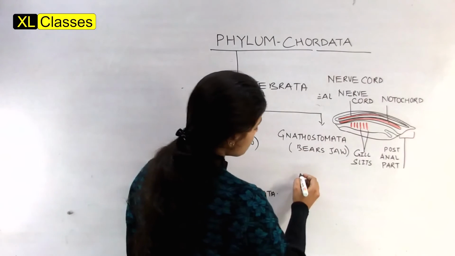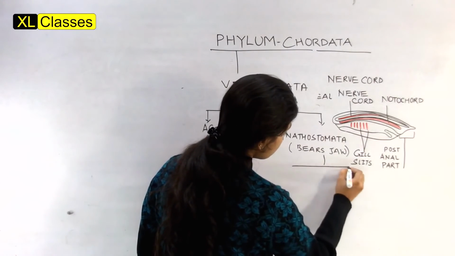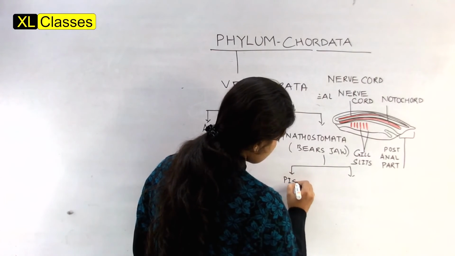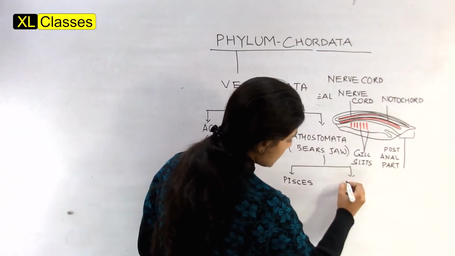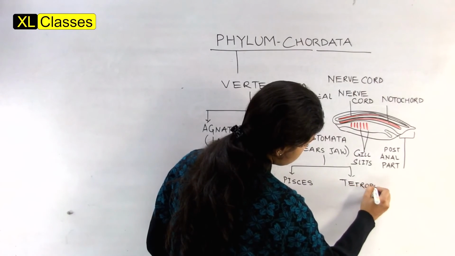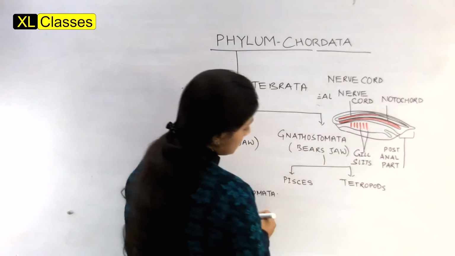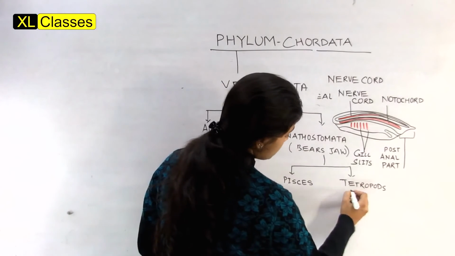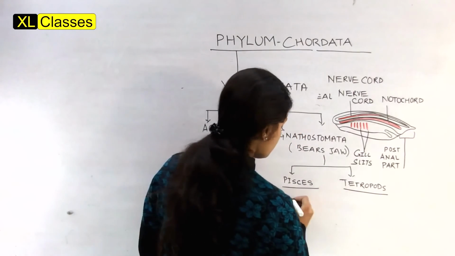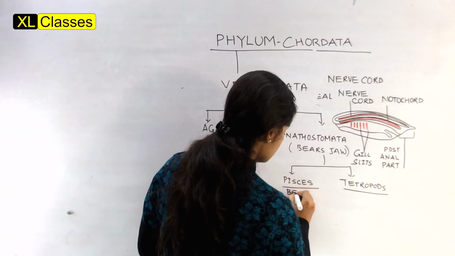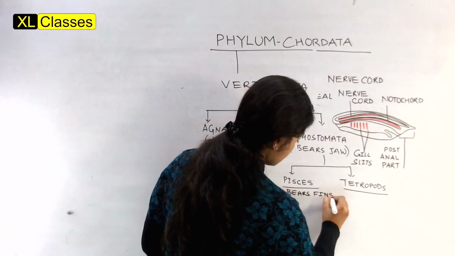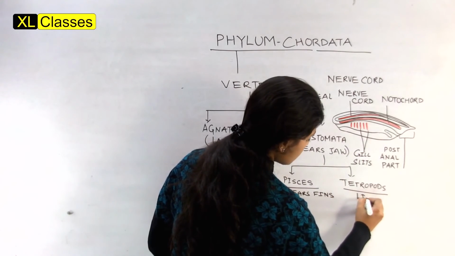Gnathostomata is further divided into two superclasses: one is Pisces, that is fishes, and the other is Tetrapoda. Pisces bear fins, and tetrapods bear limbs.